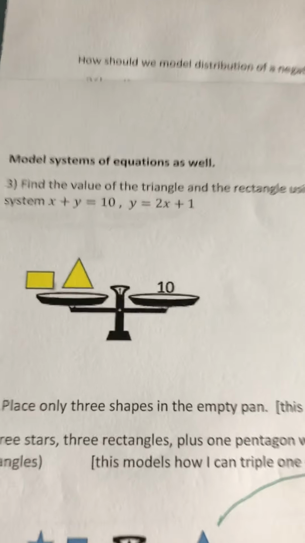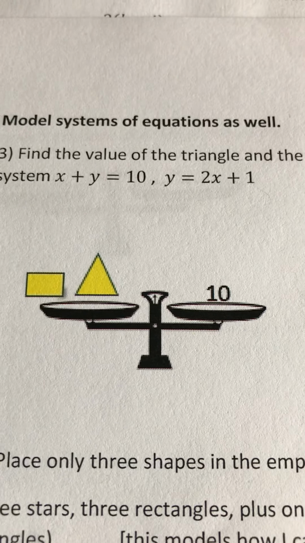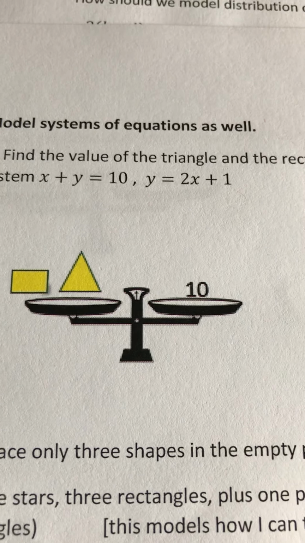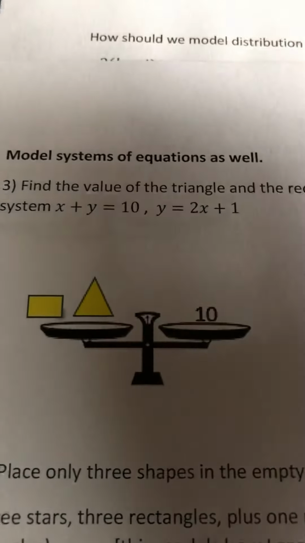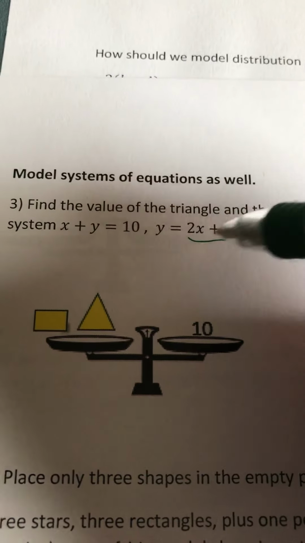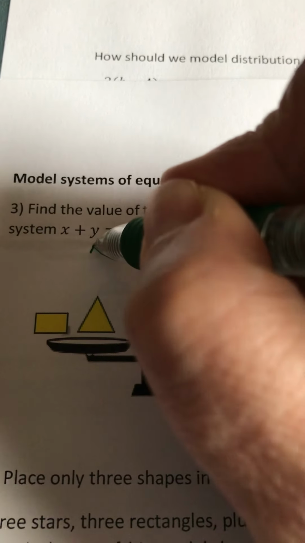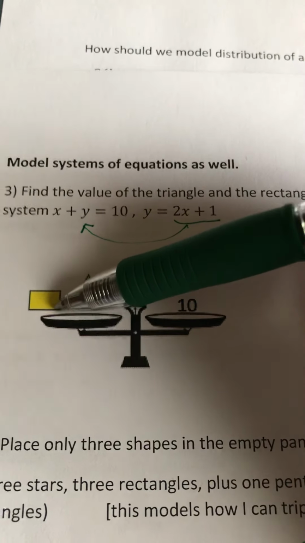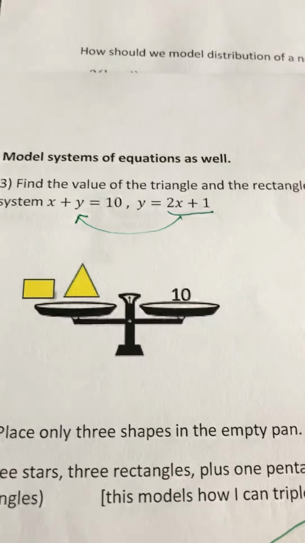Also, this is great for systems of equations like this. Okay, so we have a tendency to introduce this in a totally abstract way where we tell kids, okay, this is y, replace y with its equal, right? But if x were a square and y were a triangle, right?